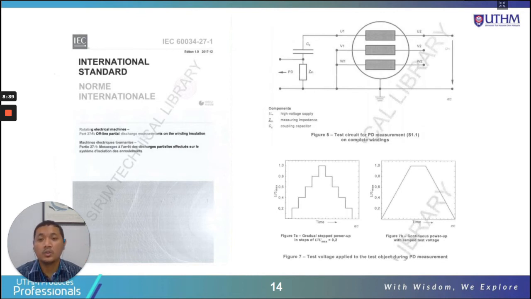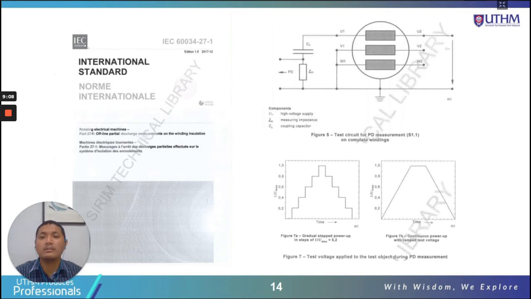For the tan delta test, you have to use a different part. The tan delta test, if I'm not mistaken, is IEC 60034-27-3. So -1 is for offline partial discharge, -2 is for online partial discharge, and -3 is for the tan delta test.